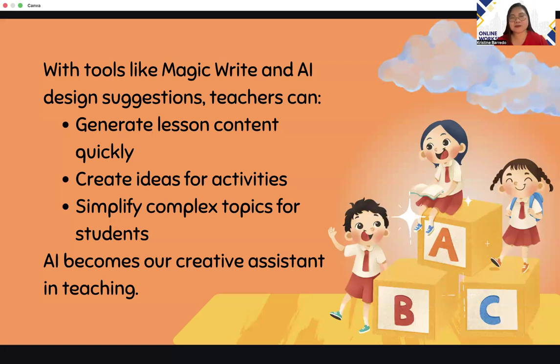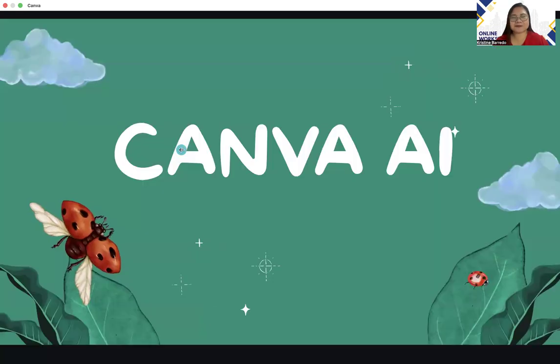You can do your lesson plans there. Just type in the topic, what subject, and what grade level it is, and Canva AI will create a lesson for you. You can create ideas for activities, simplify complex topics for students, and AI becomes our creative assistant in teaching.